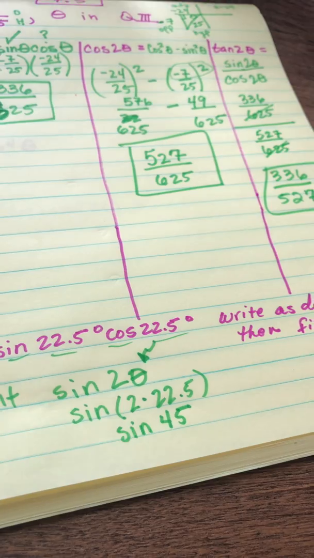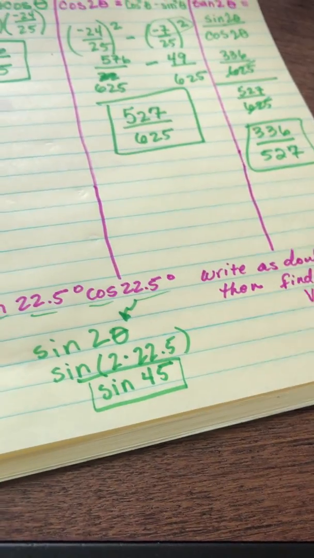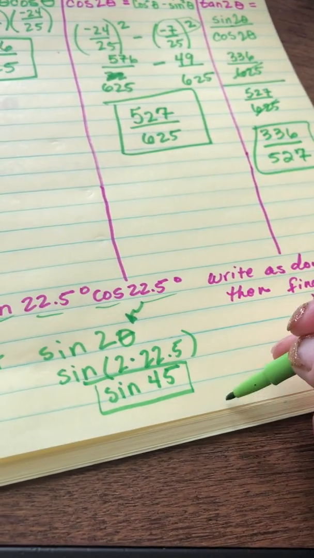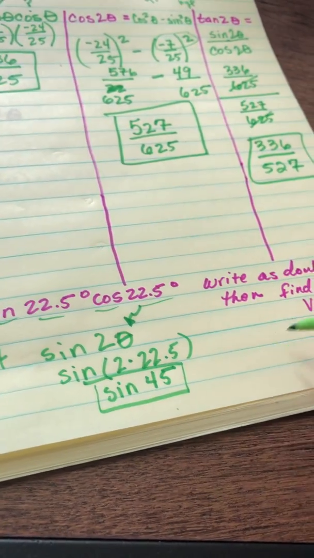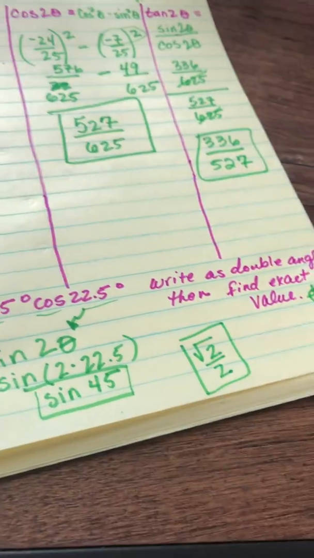And that's the first thing that we want to type in our homework, because it says write as a double angle. This is it. Then it says find the exact value. So we look on our unit circle at 45 degrees for the sine, and sine is the y value. So it's square root of 2 over 2. That's our second answer. Bueno.